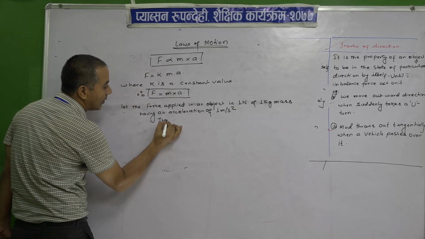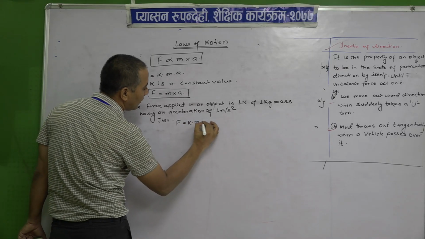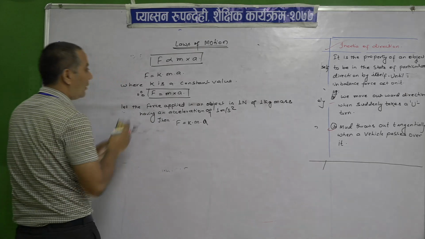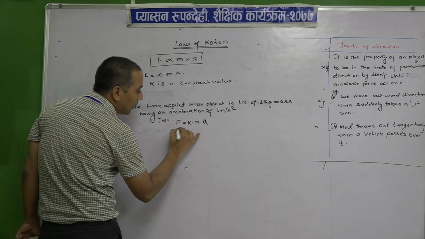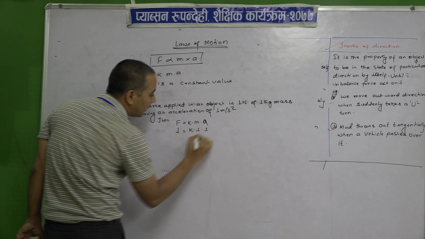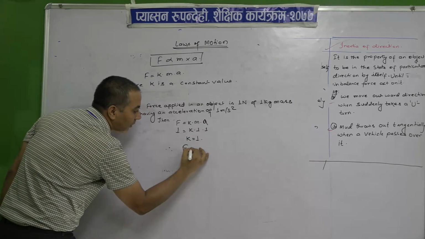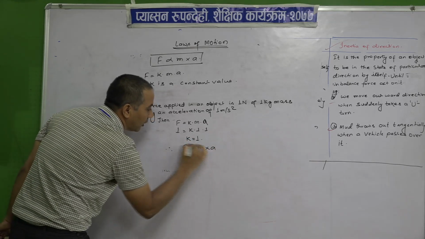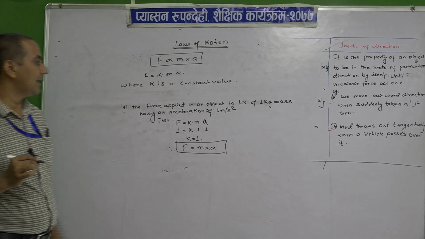Then F equals k into m into a, so 1 equals k into 1 into 1. That means k equals 1. Therefore, F equals m into a. So we have derived that force equals mass into acceleration.